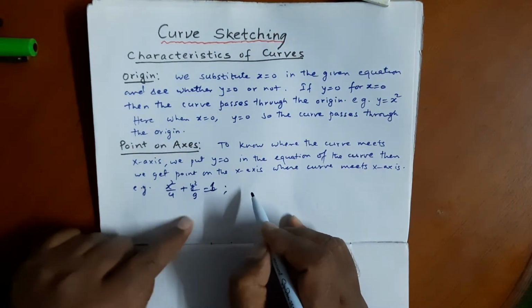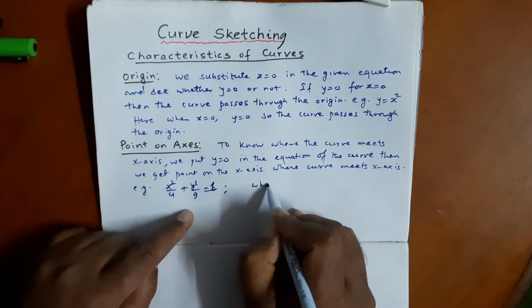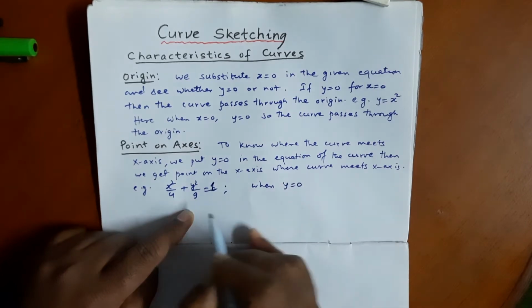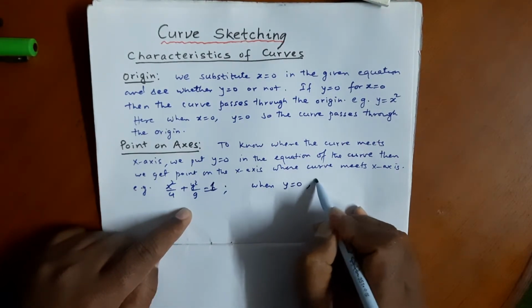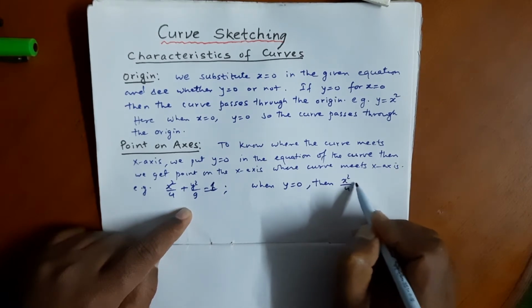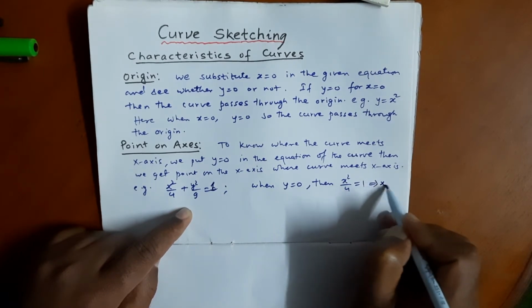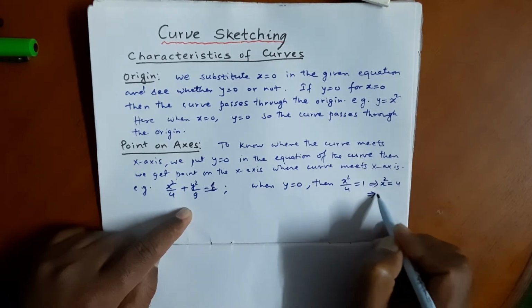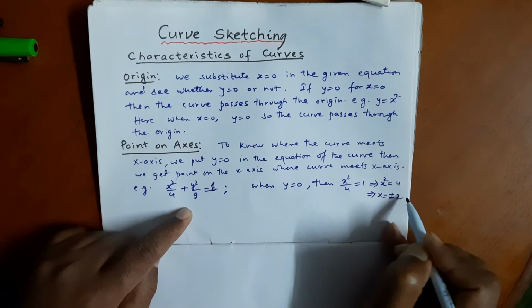Okay, here if you put y equals 0, then x square over 4 equals 1. This implies x square equals 4, and this implies x equals plus minus 2.